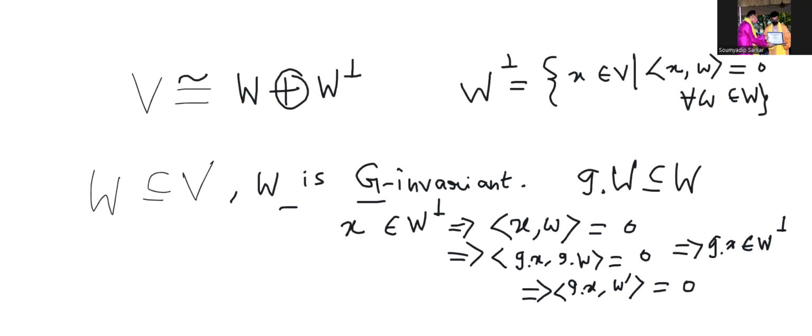So if x is in W perpendicular, Gx is also in W perpendicular. Because of this G invariance of the inner product, this follows. So this W prime is also invariant.